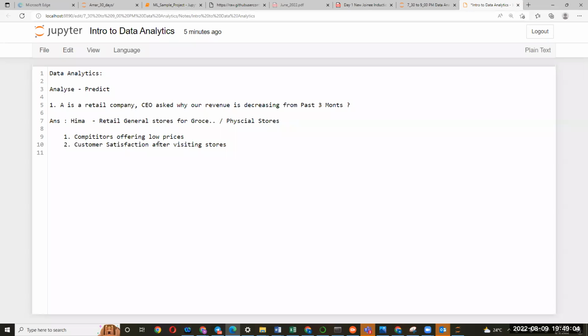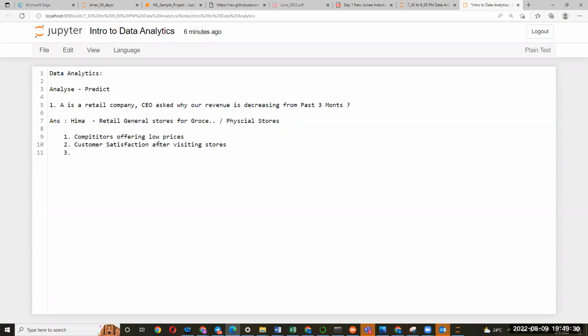Okay, and any other points? Your competitors, definitely you need to look into it: what type of offers they are providing, what type of products they are delivering, how the price is, and how timely they are delivering. Check everything.